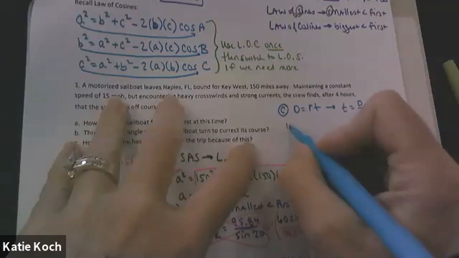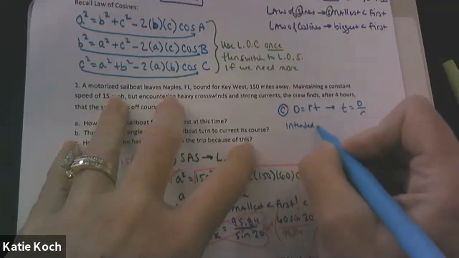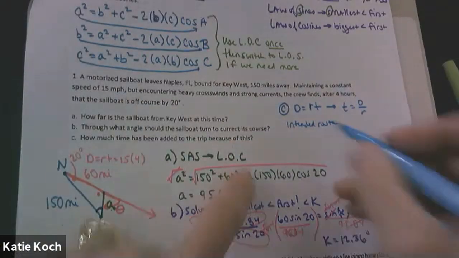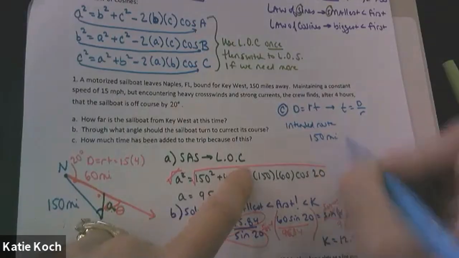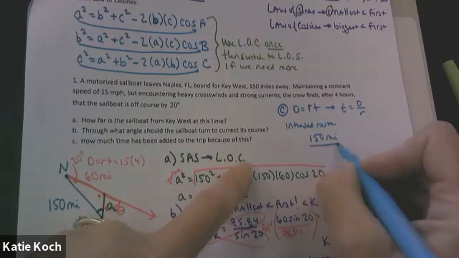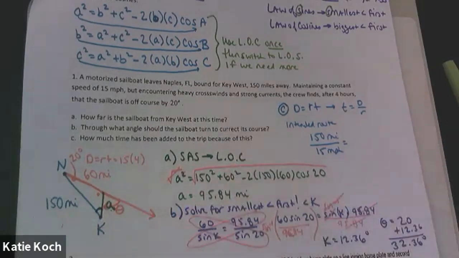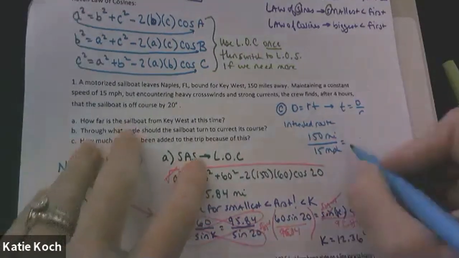So the intended route: what they intended to do was to go 150 miles traveling at 15 miles per hour. So the rate was 15 miles per hour. If they had done that correctly, they would have been there in 10 hours. It's a 10-hour trip.